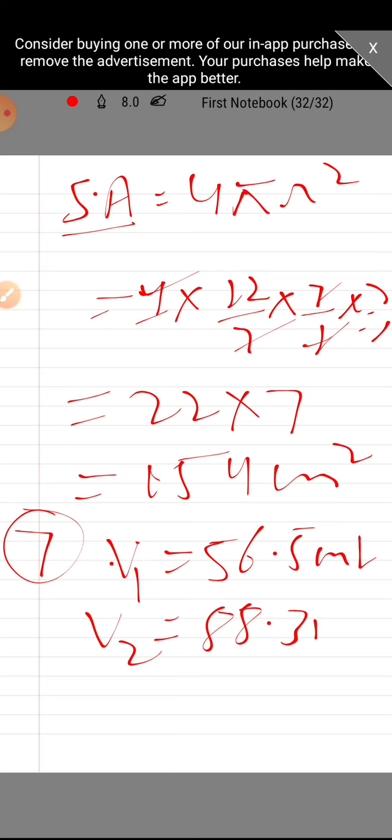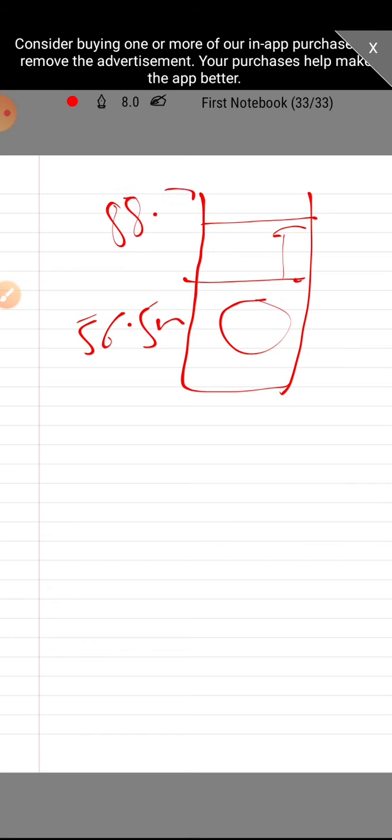Okay, so now this can be understood. You have a मेजरिंग सिलेंडर और ग्रेजुएटेड सिलेंडर जहाँ पे वाटर हमारा इनिशियली 56.5 ml तक फिल्ड है. जब हमने इसमें कोई ऑब्जेक्ट सबमर्ज कराई तो ये वाटर लेवल ऊपर की तरफ रेज होकर, it will raise up to 88.3.